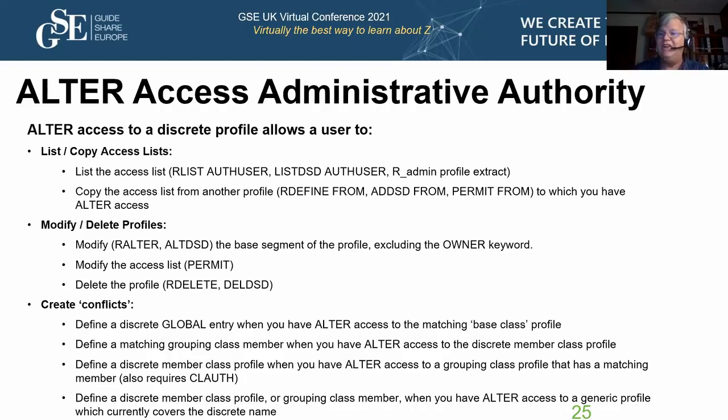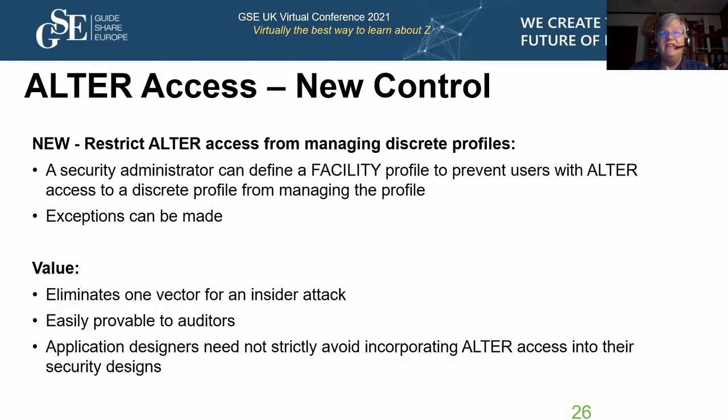If you have alter authority to that member profile name, you can create a grouping profile or vice versa. So there's just lots of potential complexity you can introduce by having alter authority to a discrete profile.